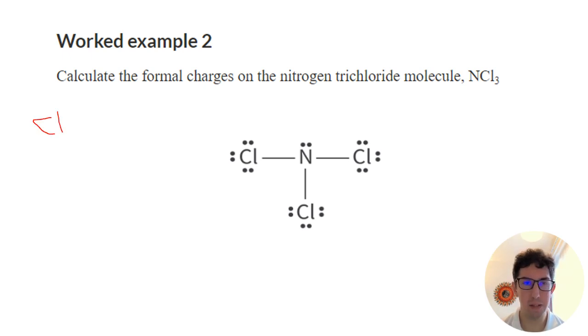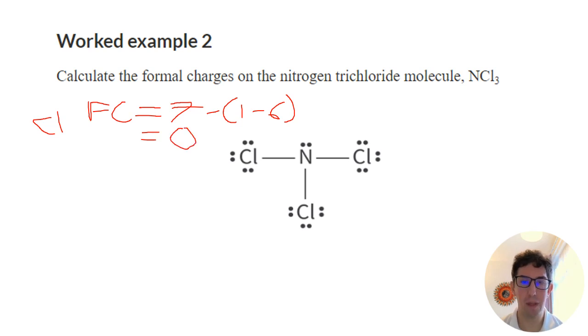The chlorine's formal charge is going to be equal to its valence electrons, which is 7, minus the number of bonding pairs, which is 1, minus the number of lone pair electrons, which is 6. So that's going to give us a formal charge of 0. Let's do it for nitrogen.